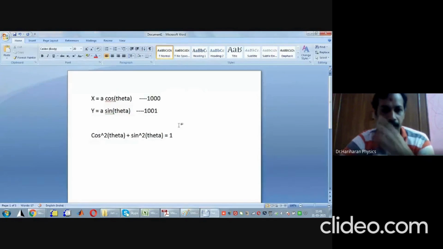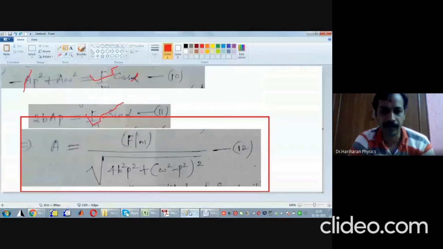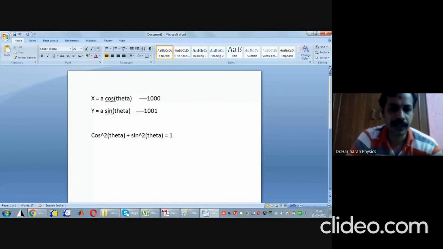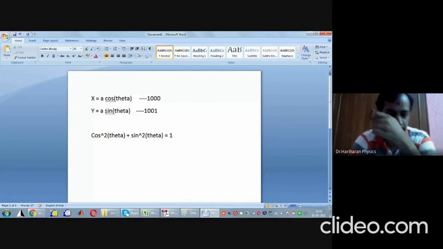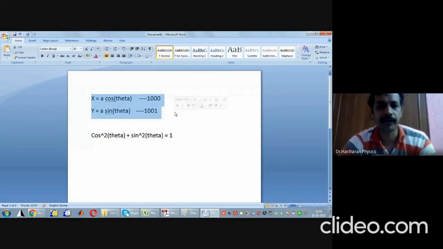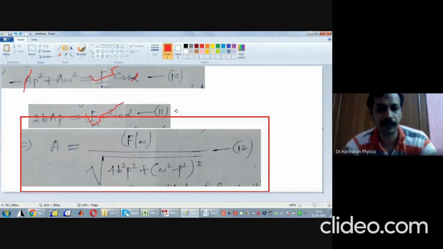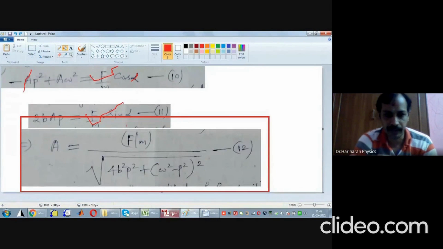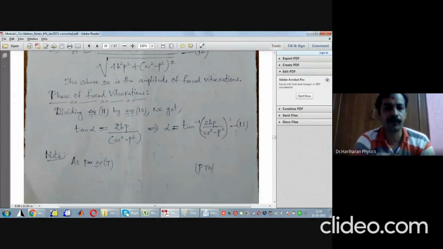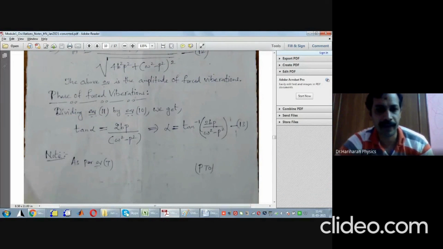Next, how do you find the expression for alpha? All you have to do is look here. Sin theta by cos theta will give you tan theta. So divide one equation by the other and you'll get an expression for tan alpha. What is the expression for the phase of the forced vibration? It is given by dividing equation 11 by equation 10.